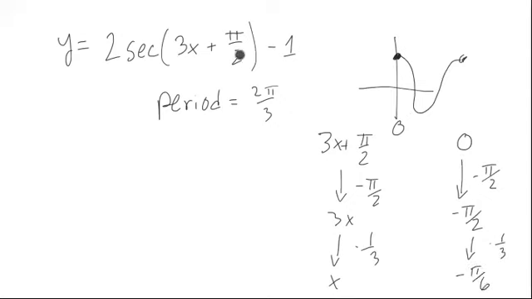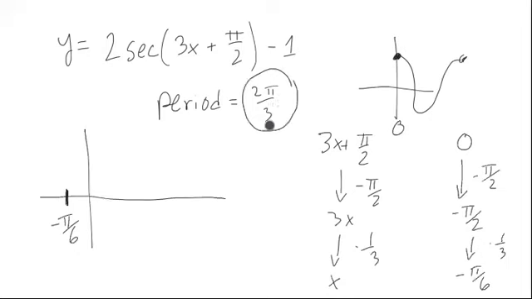So this graph begins at negative pi 6, and its period is 2 pi thirds. Okay, so it's like 4 of these pi 6s. So pi 6, and then another.